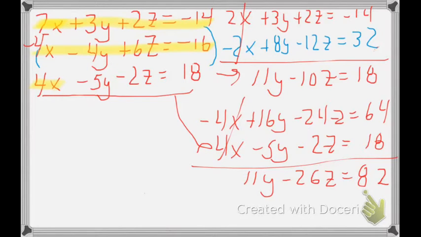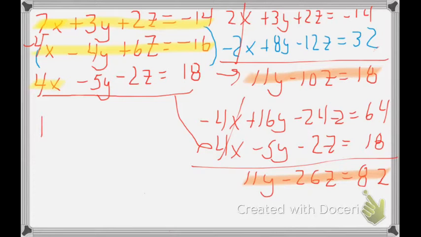Let me change colors here so we can see pretty clearly. If you notice, now we have this equation and this equation, which are two unknowns and two equations. So I'm going to write these over here to the left.